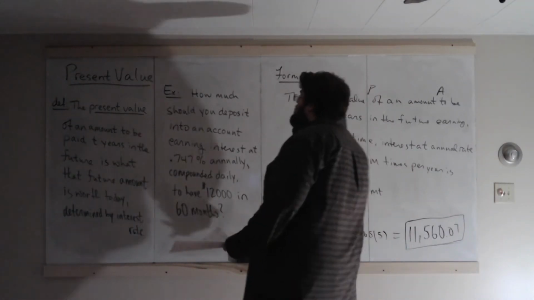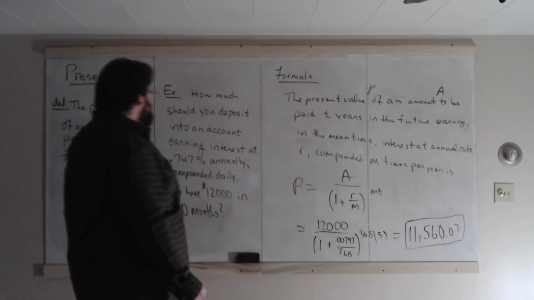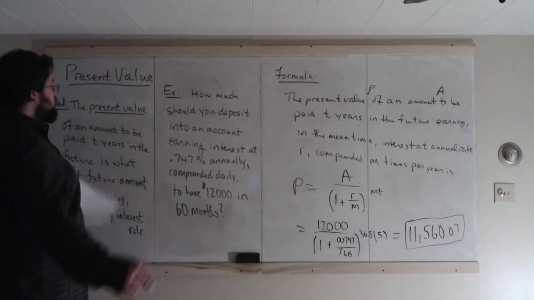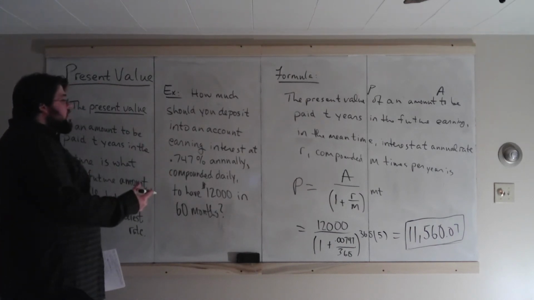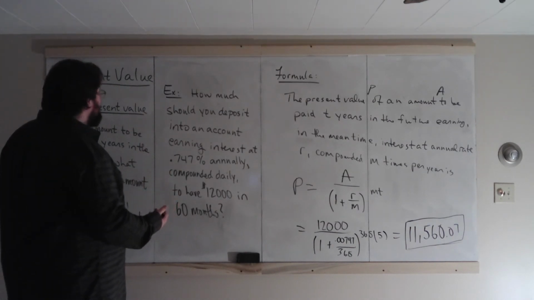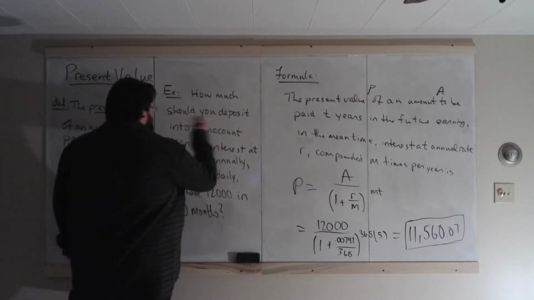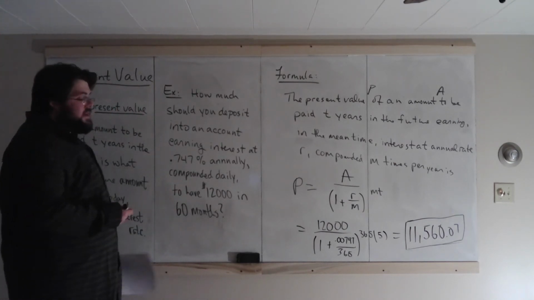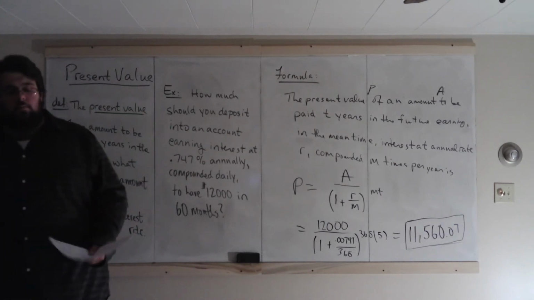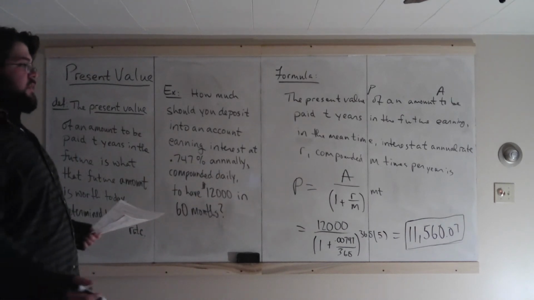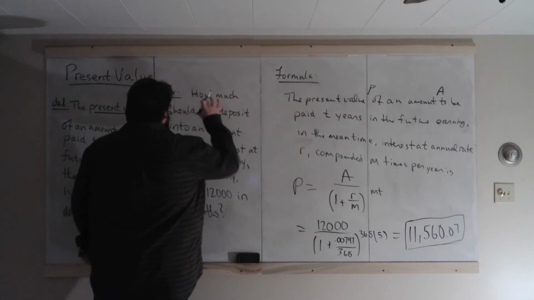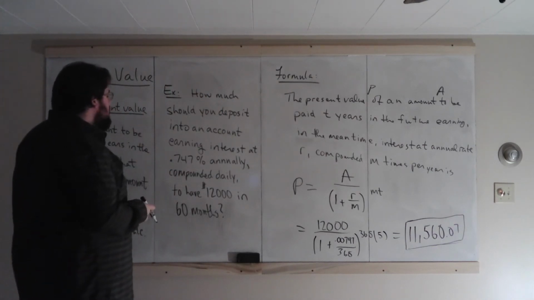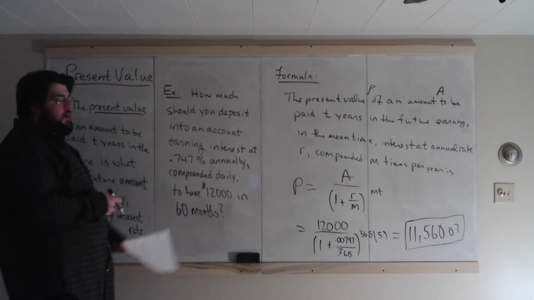In all of these questions, it's really important to figure out before doing anything exactly what you're being asked. So here, how much you deposit into an account, you might think that that's asking about a periodic deposit, but this is not asking anything about a periodic deposit. This is just saying we're making one deposit and we want this much.